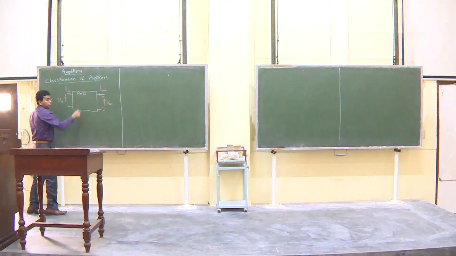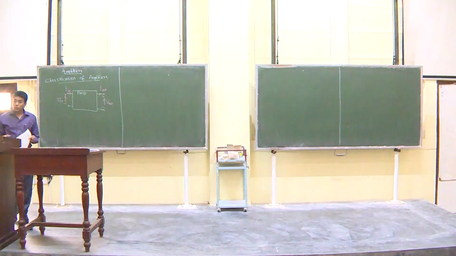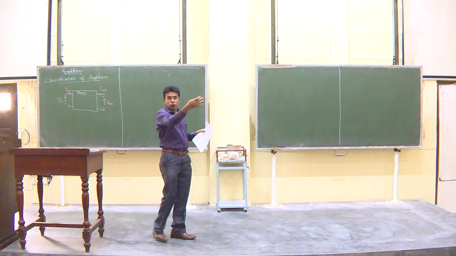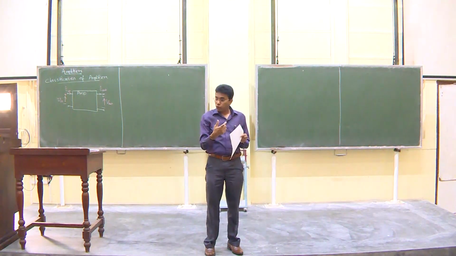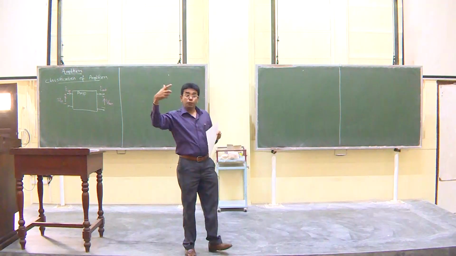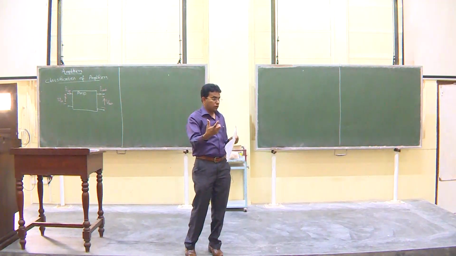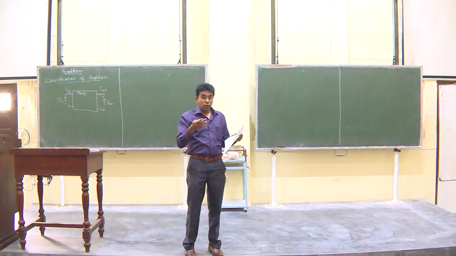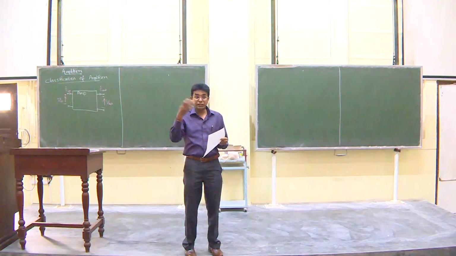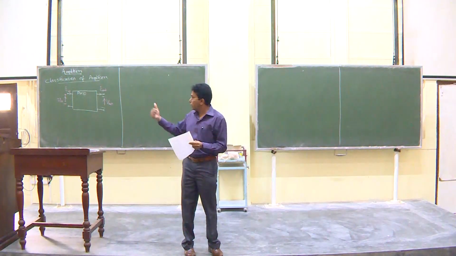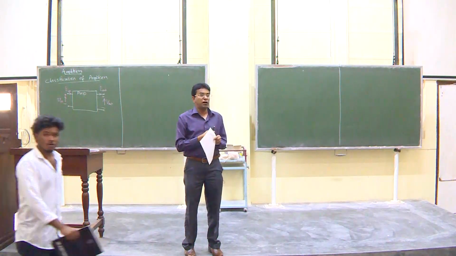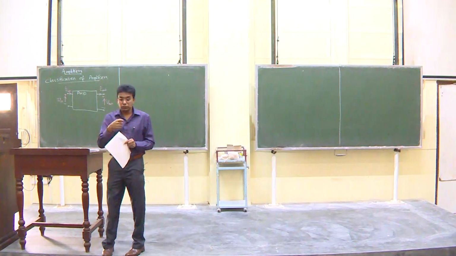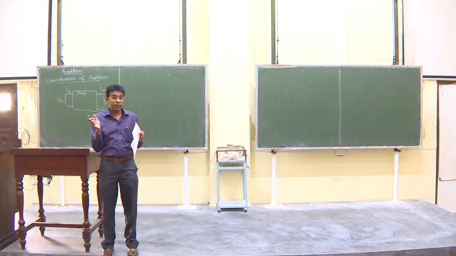So there are two possibilities for the input and two possibilities for the output. I can input a voltage and get an output voltage, or I can input a voltage, but the output of that amplifier may be a current. In addition to amplifying, or increasing the power, which is an essential requirement and the most important thing about an amplifier, an amplifier has to always increase the power, whether it is a current amplifier, a voltage amplifier, or any other amplifier.